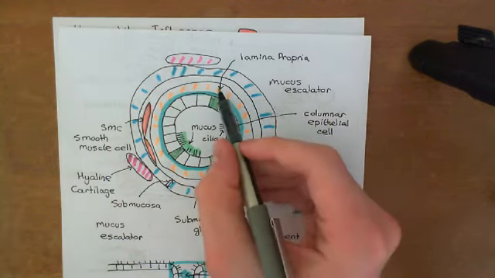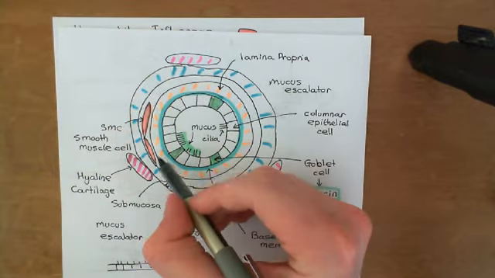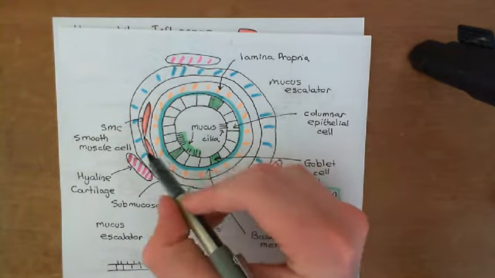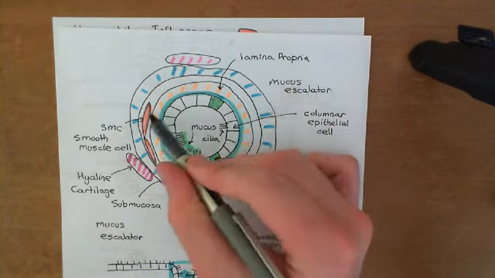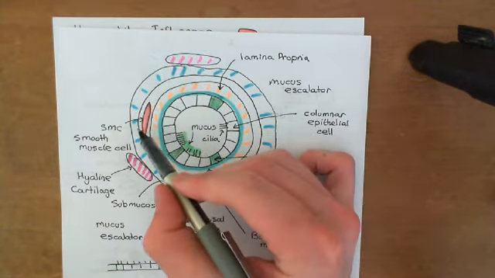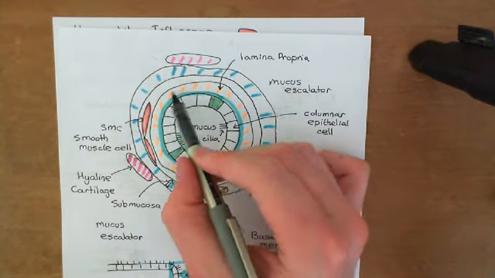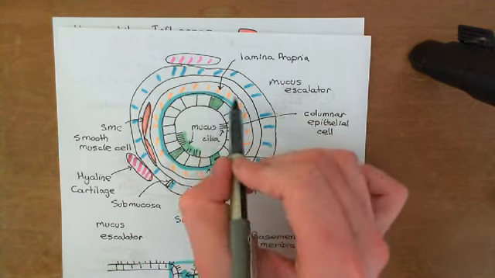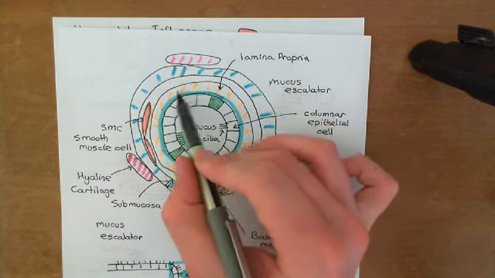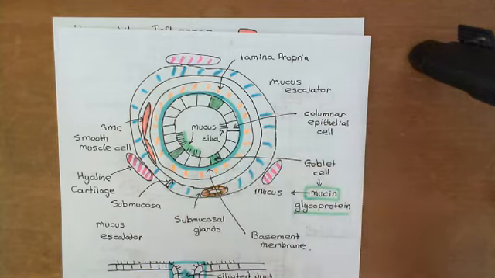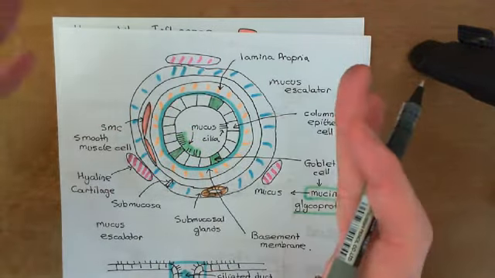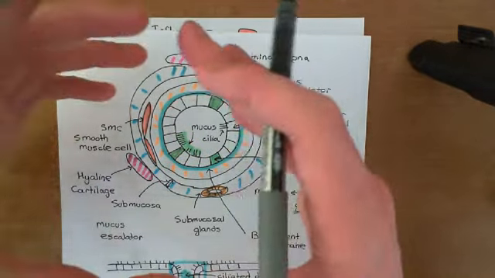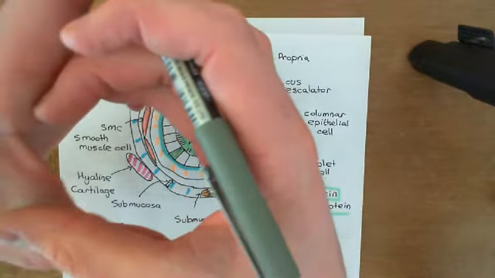Okay, so what can end up happening is you can get the lamina propria and the smooth muscle cell layer starting to deteriorate. You lose a lot of the smooth muscle cells, and you lose a lot of the elastic tissue that is within these connective tissue layers, such as the lamina propria. And when you lose those smooth muscle cells and those elastic tissues, of course what's going to happen is the whole thing is going to dilate. The smooth muscle cells were responsible for constricting the bronchi down.